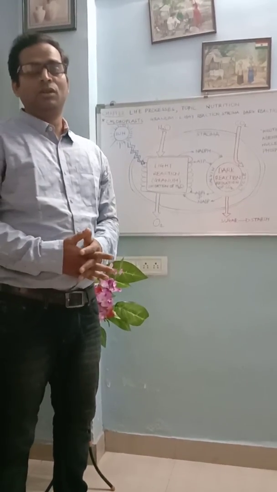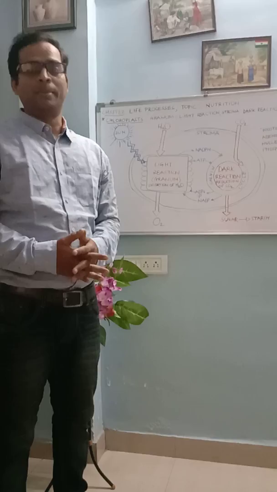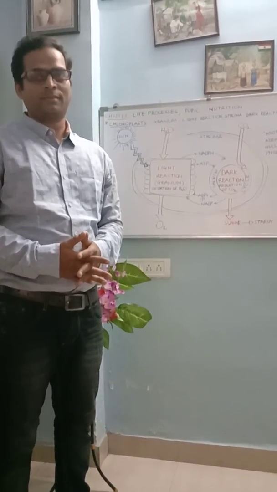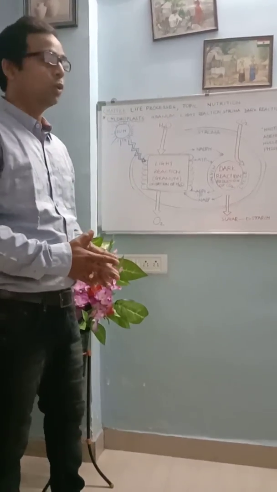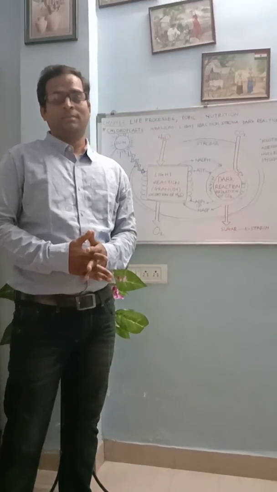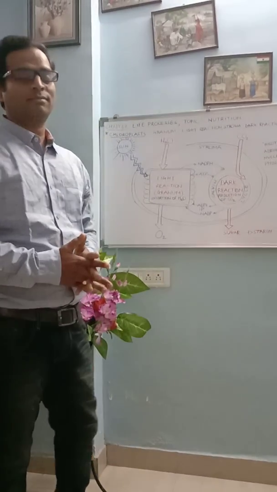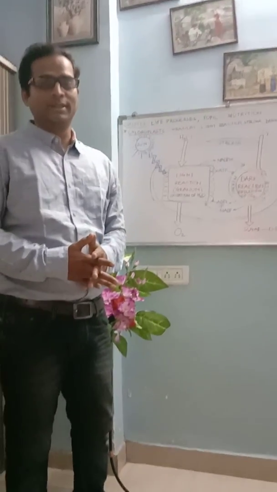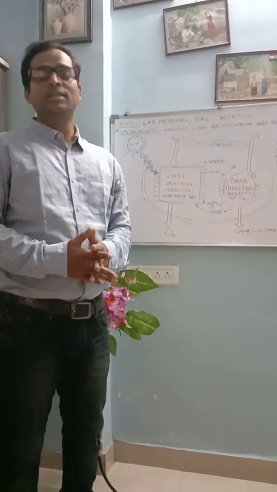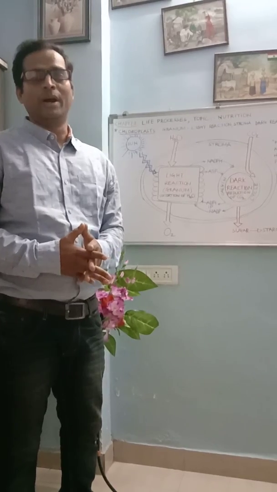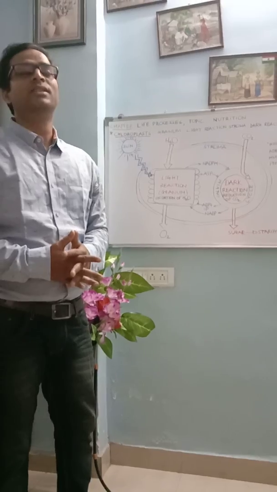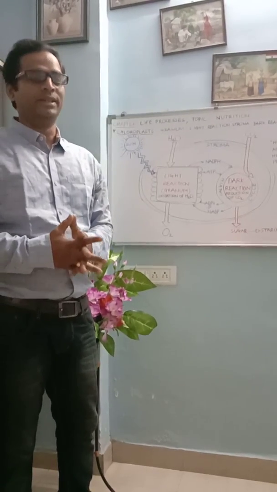Definition and equation of photosynthesis already we had discussed in our previous class, and I hope you all remember that equation. 6CO2 plus 12H2O in presence of sunlight and chlorophyll pigments, there is synthesis of glucose, that is C6H12O6 plus 6H2O, and 6O2 is released into the atmosphere. Now how this entire phenomenon of photosynthesis occurs, that we are going to learn in today's session.